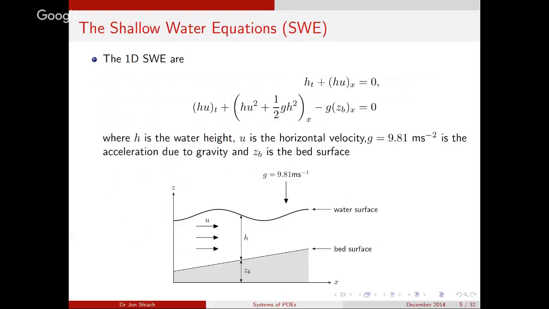If we had the 2D shallow water equations, we'd have another horizontal axis, y. What we have here is like a beach. Think of this grey area as the beach, and that's your bed surface. Above that beach is our water, below it is sand, rock, soil, that sort of thing. The height of your bed surface is denoted by ZB, or z normally.